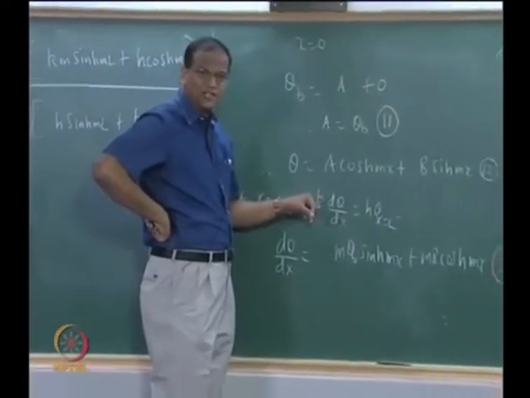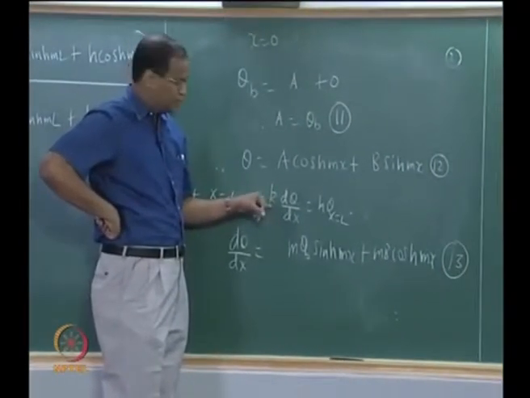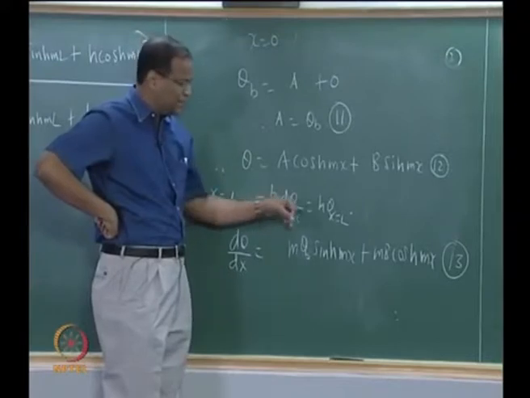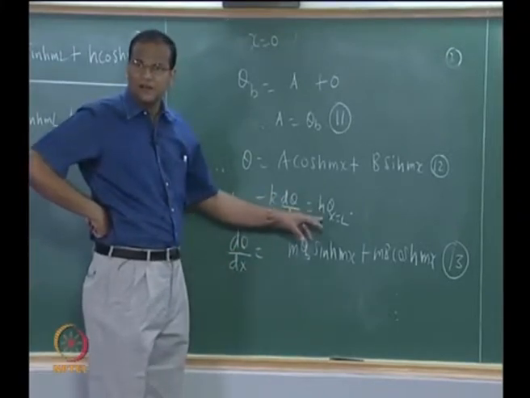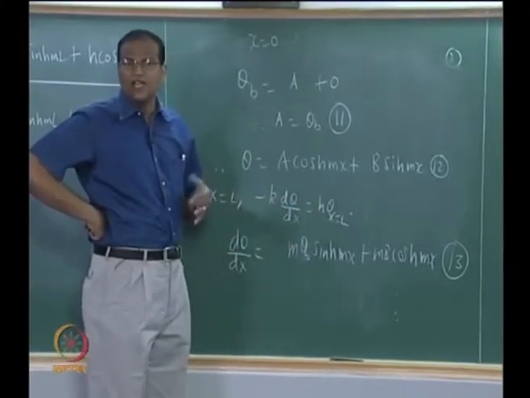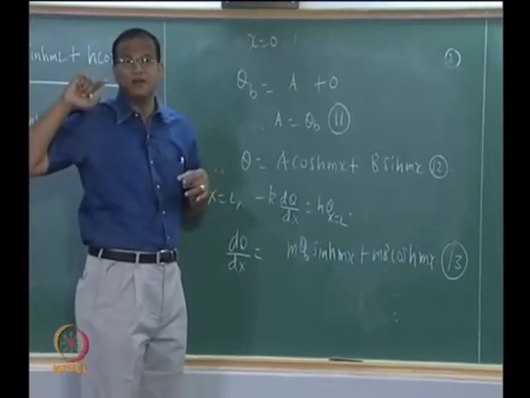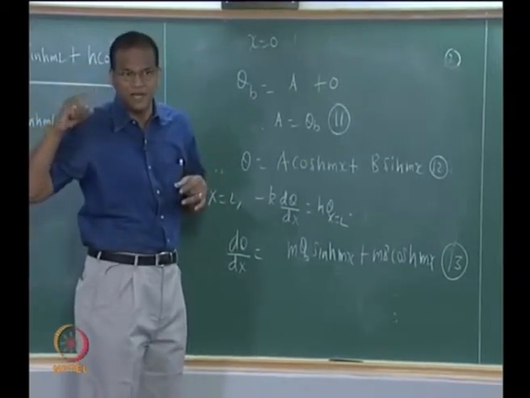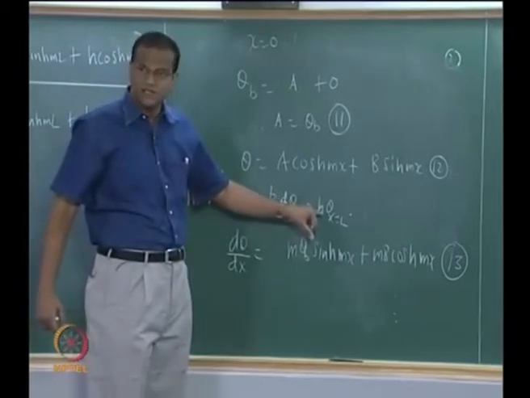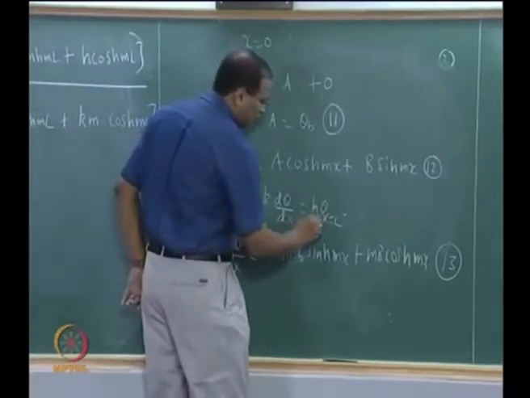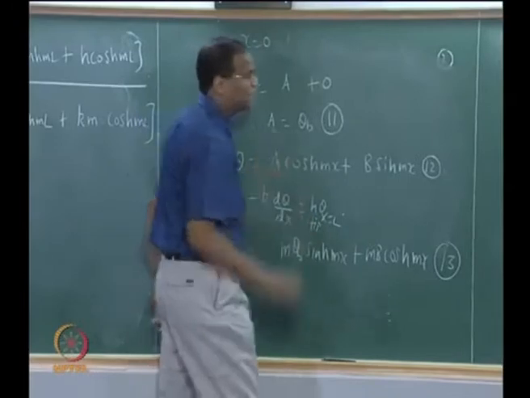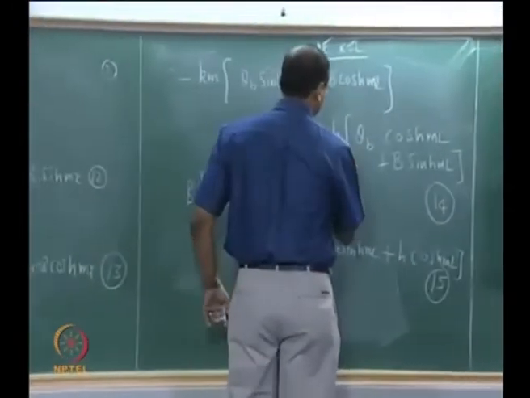This is the boundary condition at the tip. Watch here. The boundary condition at the tip minus k d theta by dx is h theta at x equal to L. There is no need that the h for the fin which came in the fin parameter root of hp by ka should be the same as this. So I will be more cautious and call this as h tip, correct.